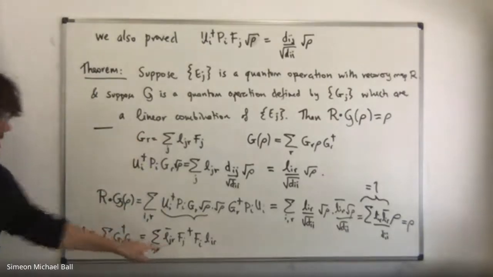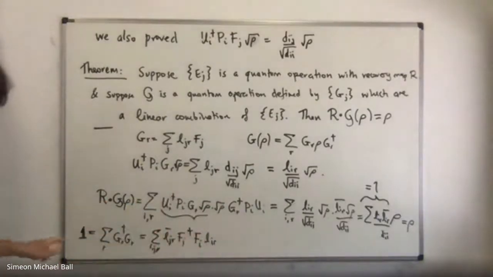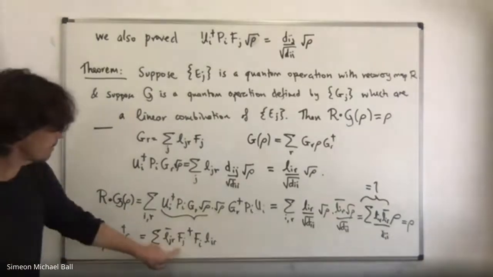And now to reduce these things down, you pre-multiply and post-multiply by P, and use the fact that P equals P squared.